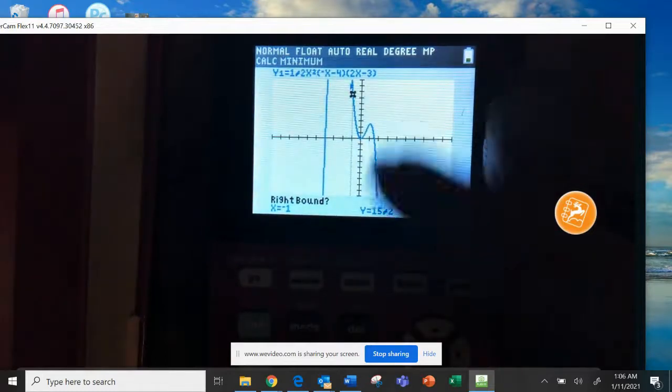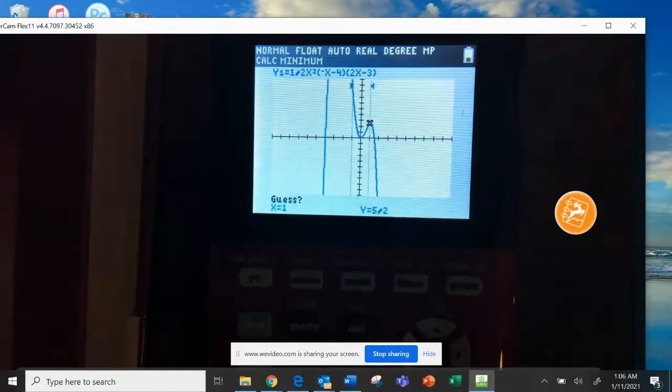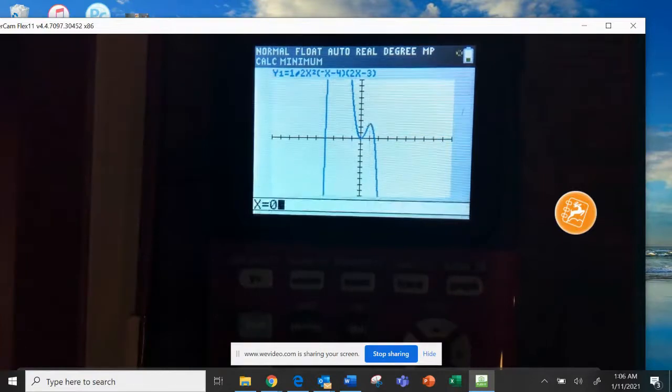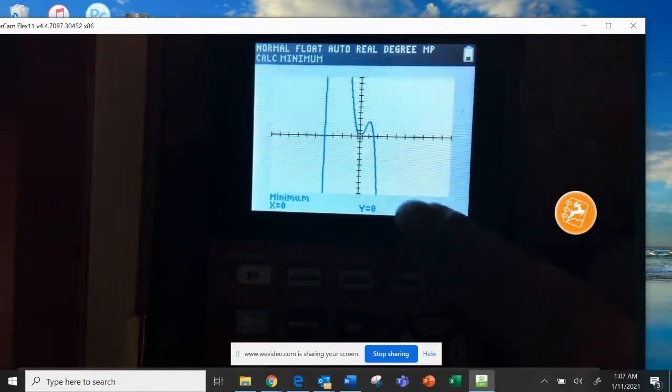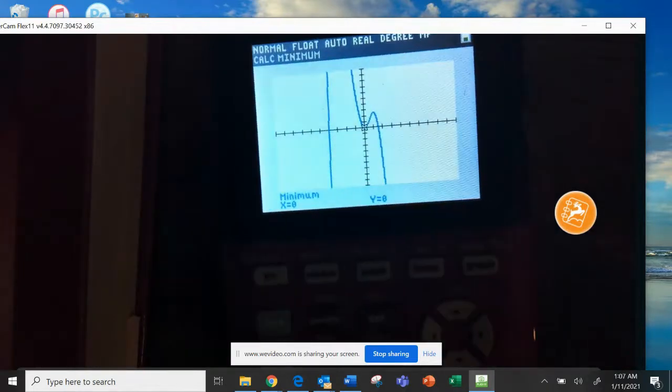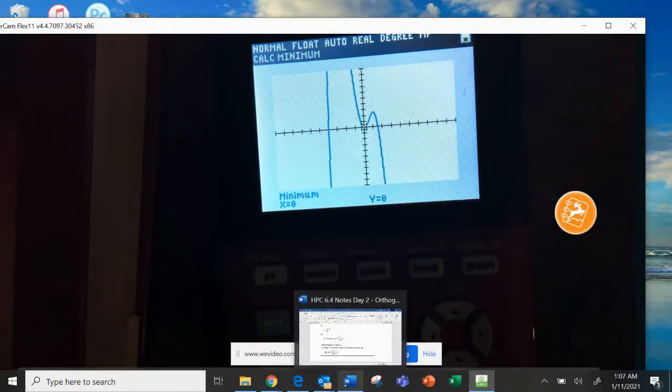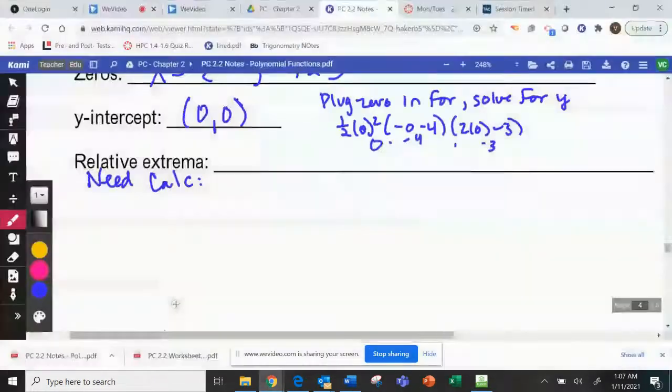Then right, I'm going to type in 1, enter. Now guess, I think it says 0. And it tells me the minimum is at 0, 0. So in my assignment, I'm going to change my color because I ran out of space over there. Minimum 0, 0.